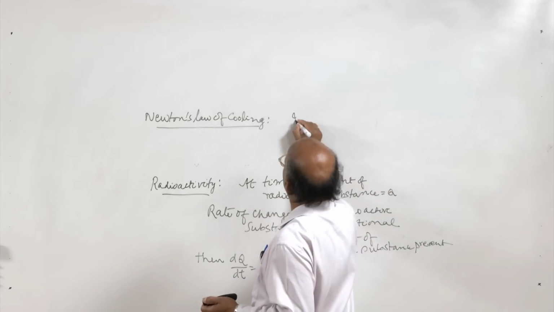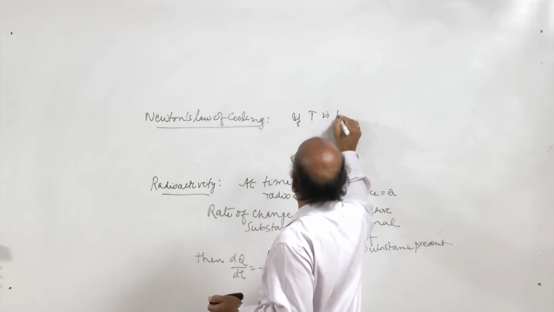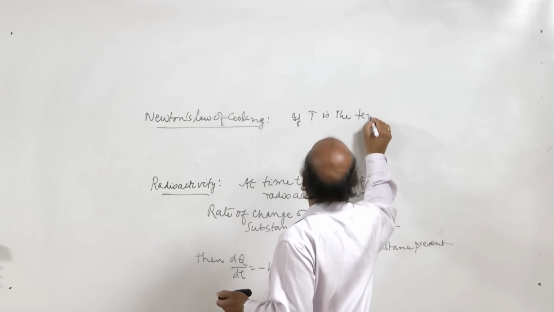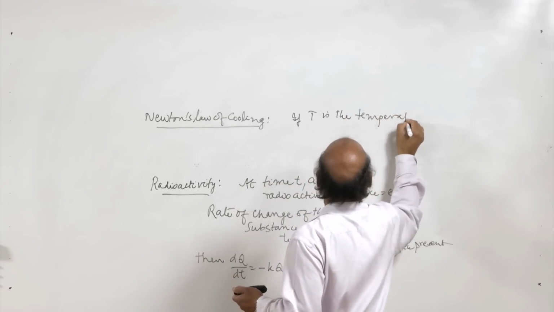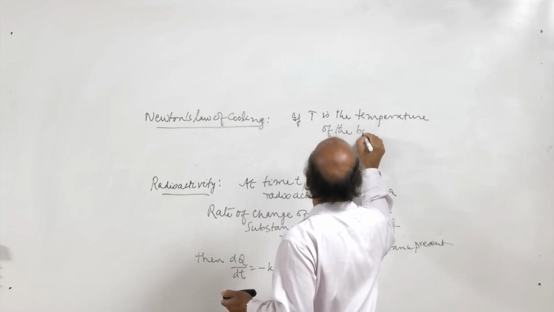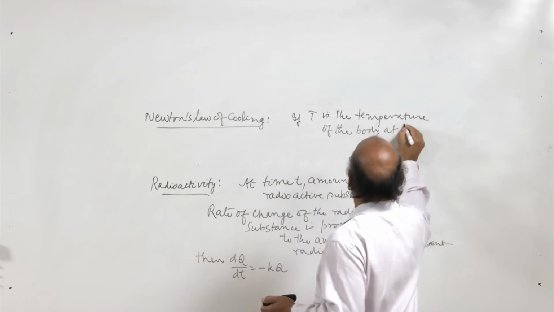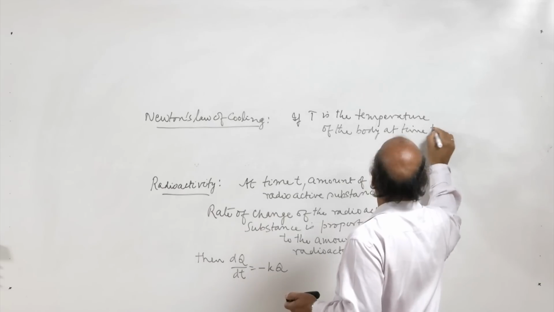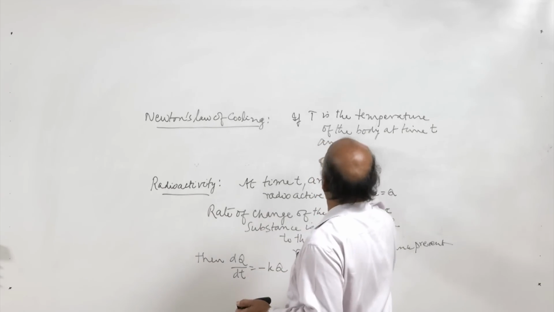So say T is the temperature of the body at a time t, and T naught is the temperature of the surrounding medium.